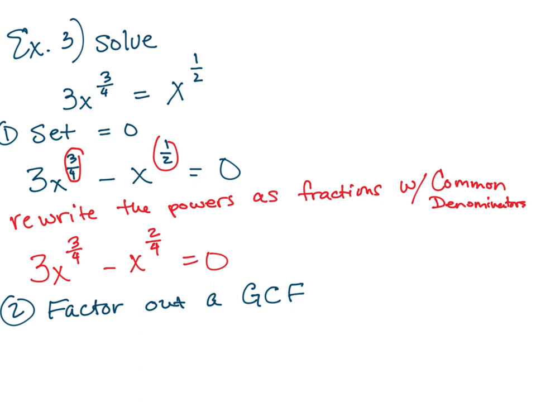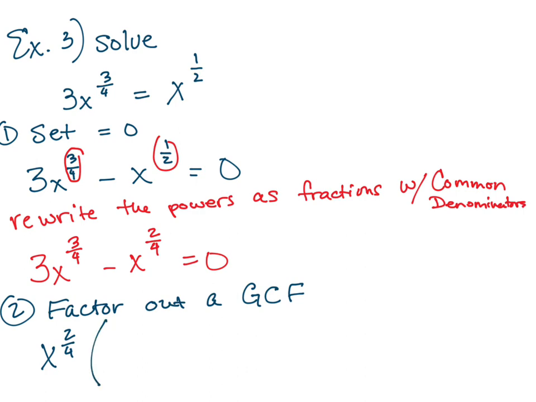But now I'm looking at both terms, and both terms have what? X to the 2/4. One of them has x to the 3/4. The other has x to the 2/4. But the greatest common factor that's in both is x to the 2/4. Can you tell that? So we're going to pull x to the 2/4 to the very front.